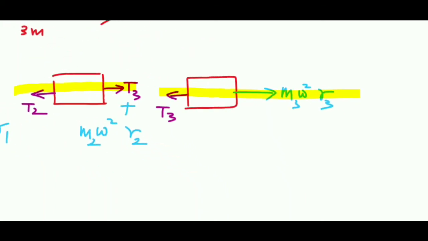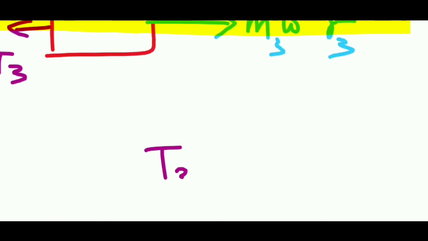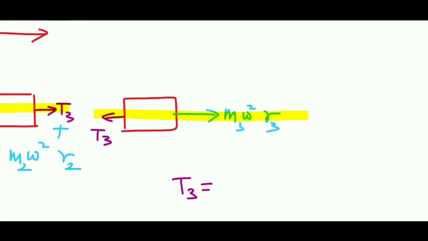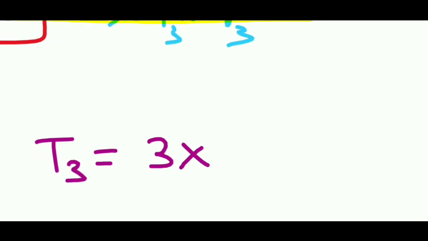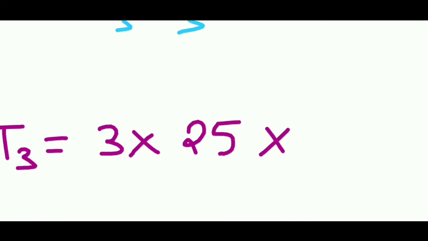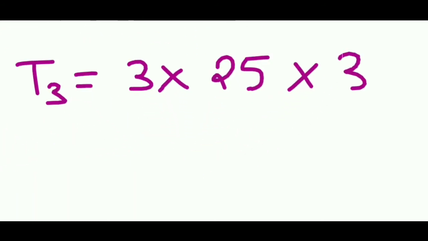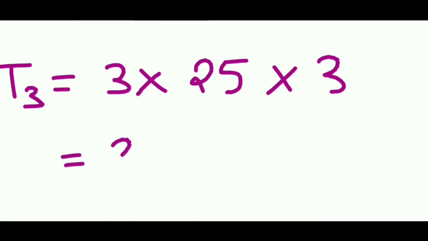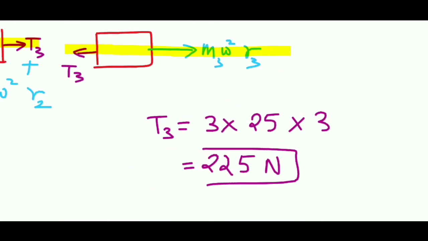Okay, let us start from T3 this time. So T3 is directly m3, which was 3 kg, right? 3 into 25, multiplied by again 3. So this will become how much? 225 Newton.